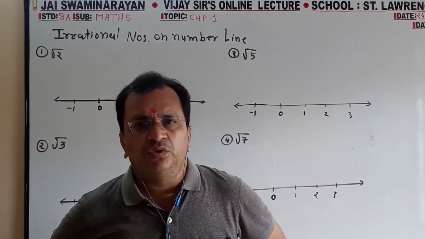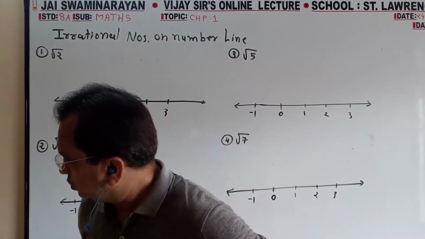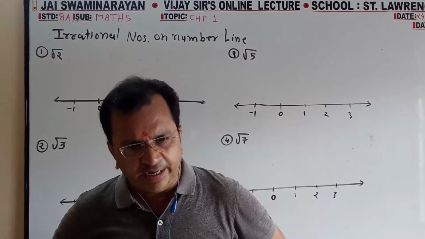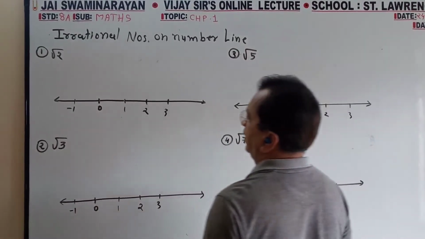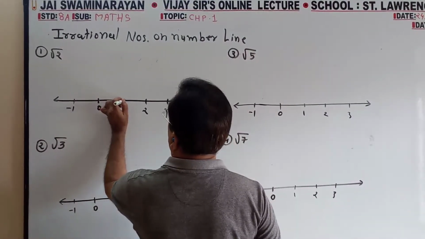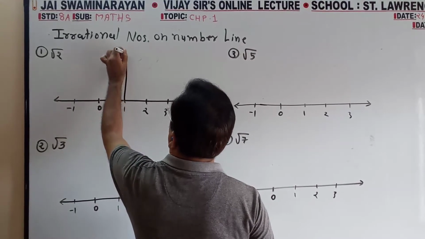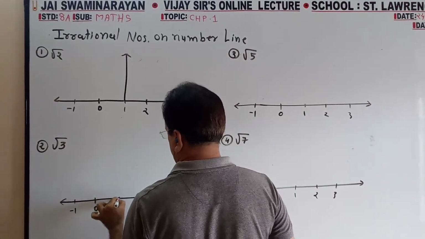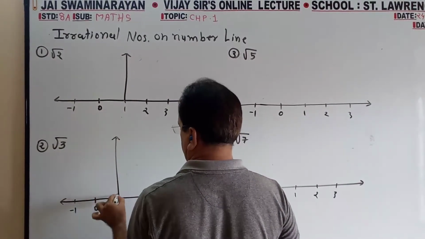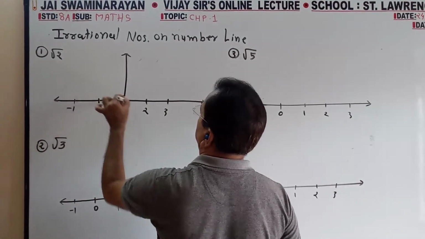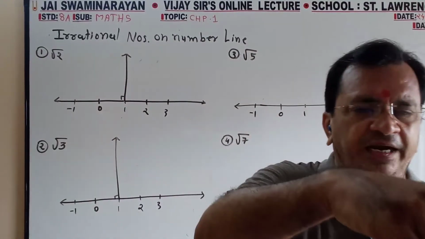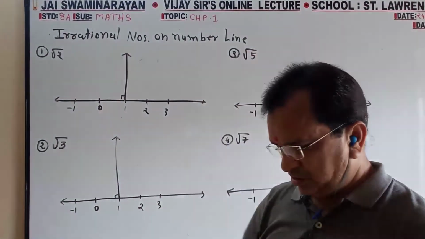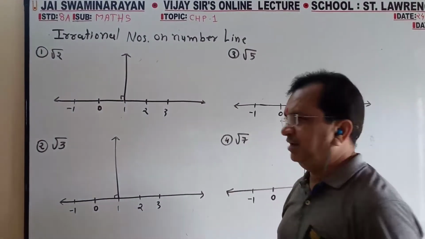Now for root 2 and root 3. On number 1, draw a perpendicular and cut the same 3 centimeters.